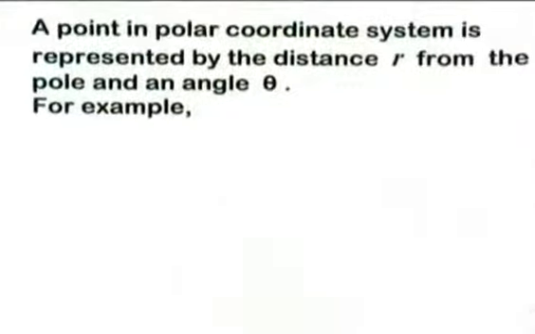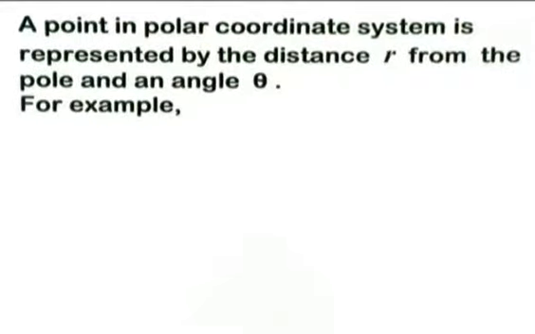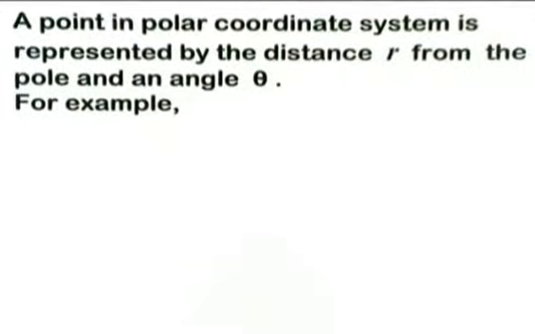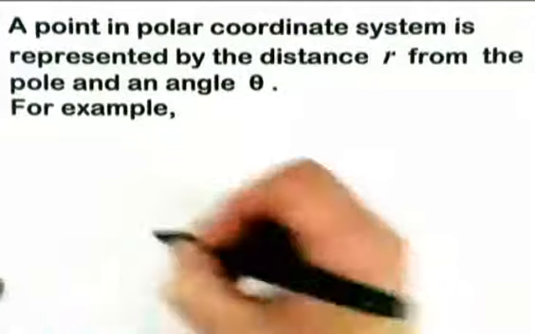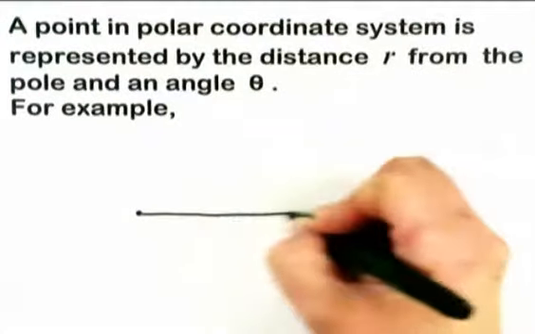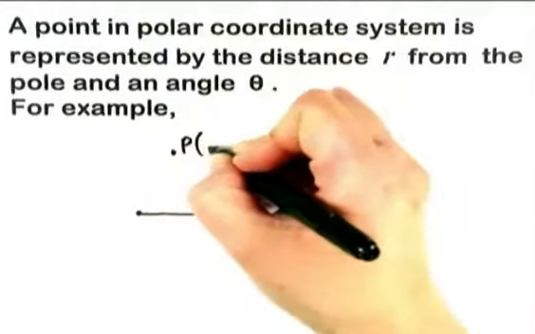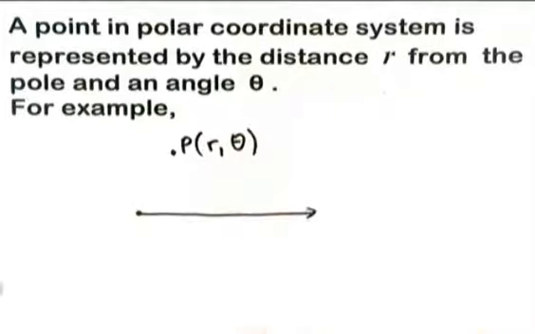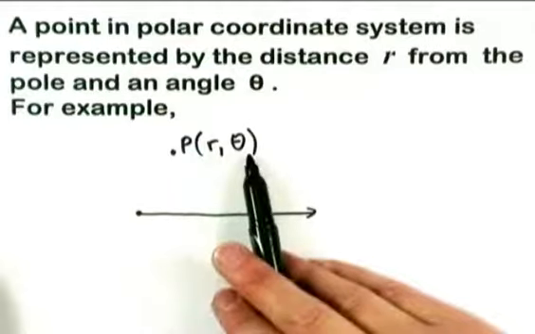Now a point in the polar coordinate system is represented by the distance r from the pole and an angle theta. For example, I have a pole, the polar axis, and I have a point, let's say here, P, with coordinates r and theta. The first coordinate represents the distance r, and theta is the angle.